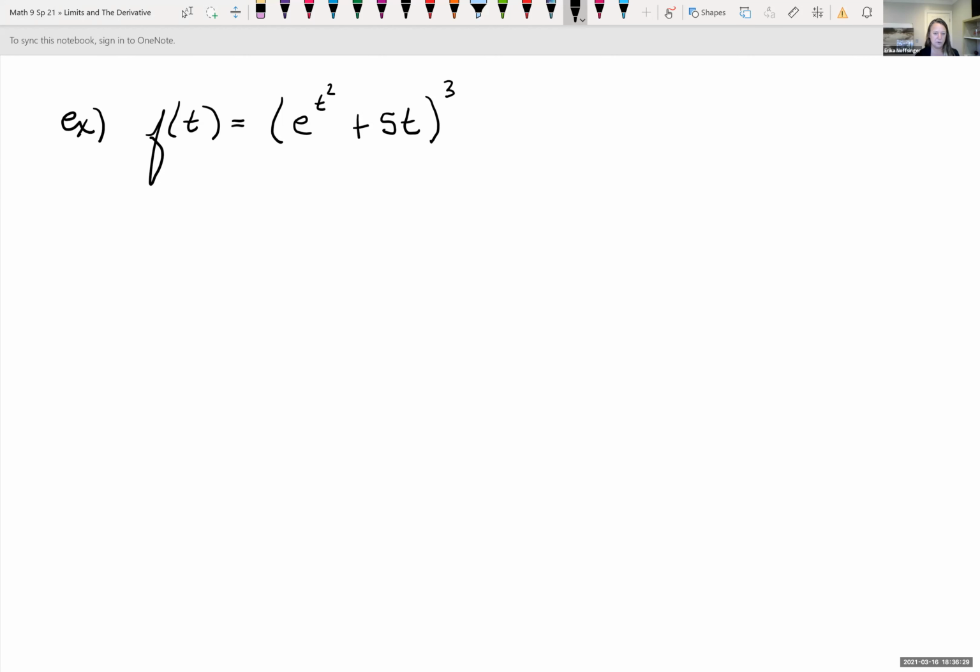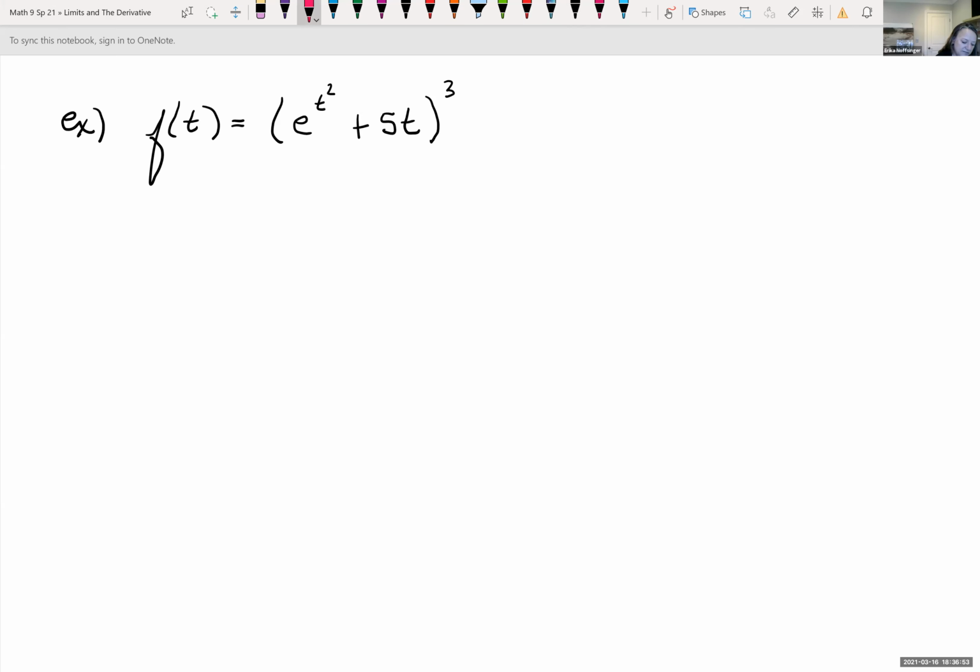Okay, so our next example, we have f of t equals the quantity e raised to the t squared power plus 5t, that whole quantity is cubed, and we want to find the derivative. I noticed that we have multiple places where the chain rule needs to be used.